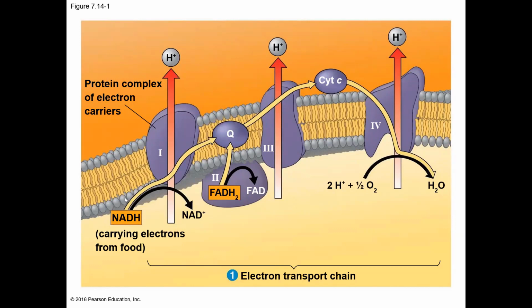Because those electrons are traveling through, it opens what we call this proton channel. Now hydrogen ions are getting pumped across. If you look at where the electrons are going, they're passing through the inner membrane here. As they pass through, they're passing past different protein complexes, and eventually they're going to be accepted by the oxygen atom to form water.